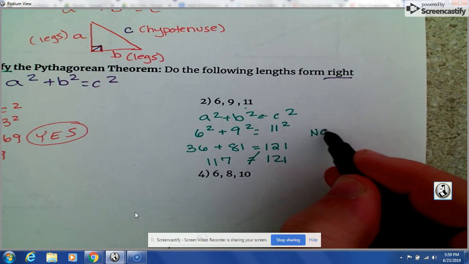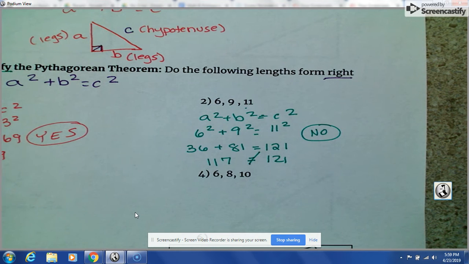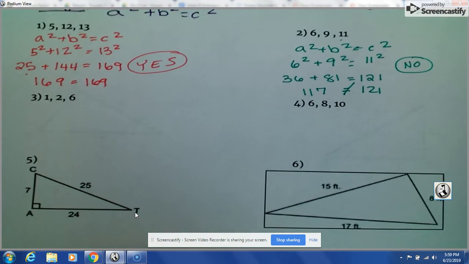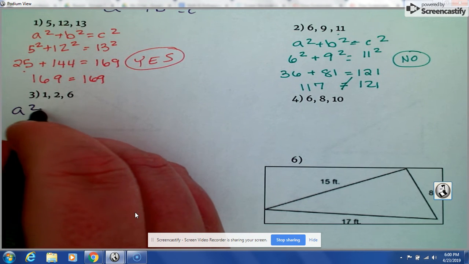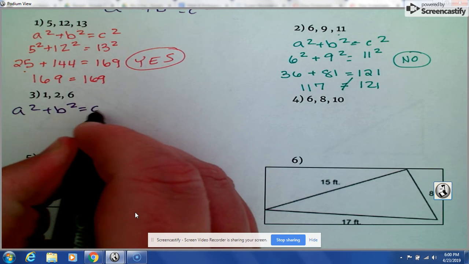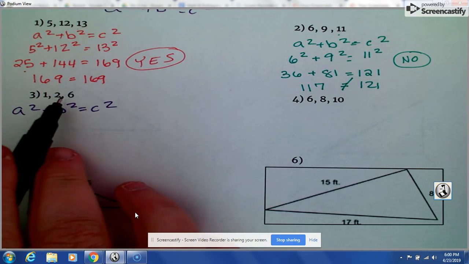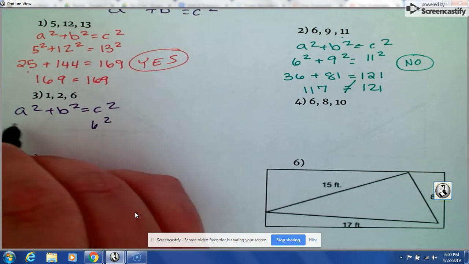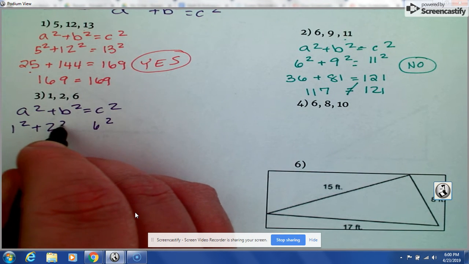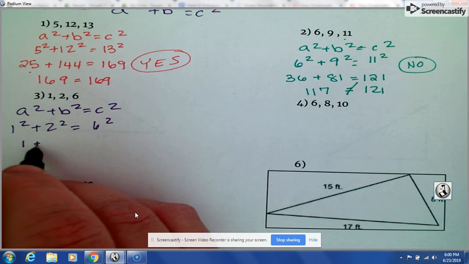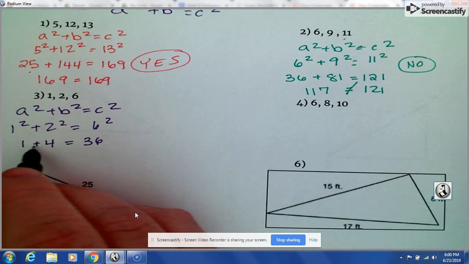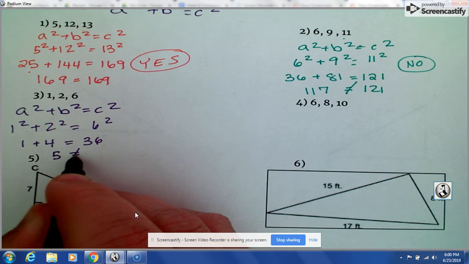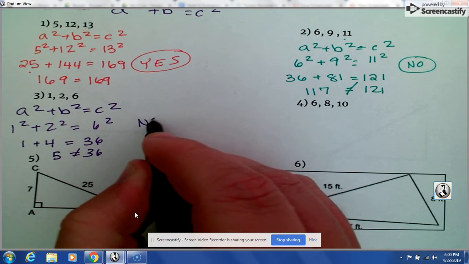So this is a no. Moving on to number 3. We have 3 lengths, so I'm going to write down my formula. A squared plus b squared equals c squared. C again is going to be the longest side. 1 squared is 1, 2 squared is 4, 6 squared is 36. 1 and 4 make 5. That doesn't equal 36. So this is a no.